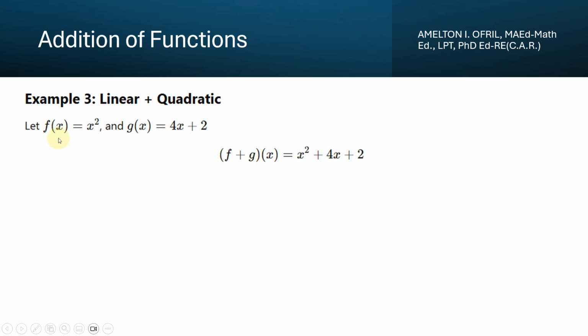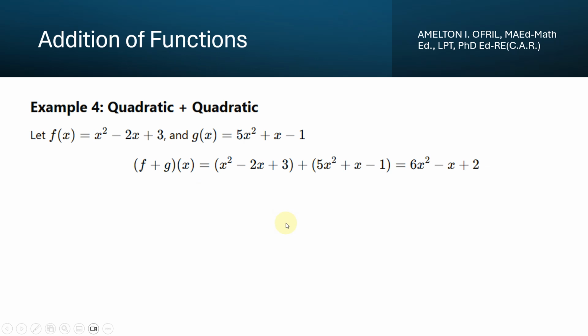And the third example, linear function plus quadratic function. In this example, f of x equals x squared added to g of x, which is 4x plus 2. We've got this one, x squared plus 4x plus 2. We simply copy it because we have here the x squared, our quadratic function, and 4x plus 2, our linear.